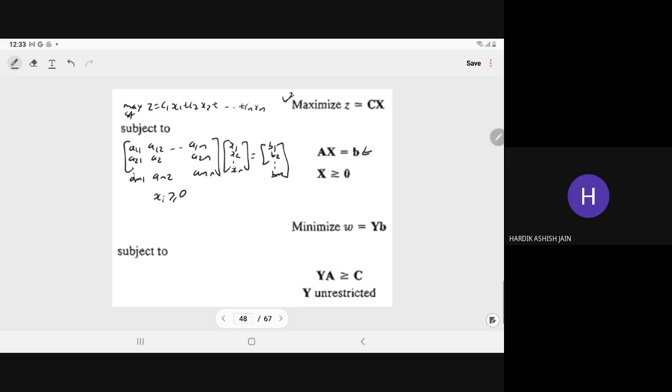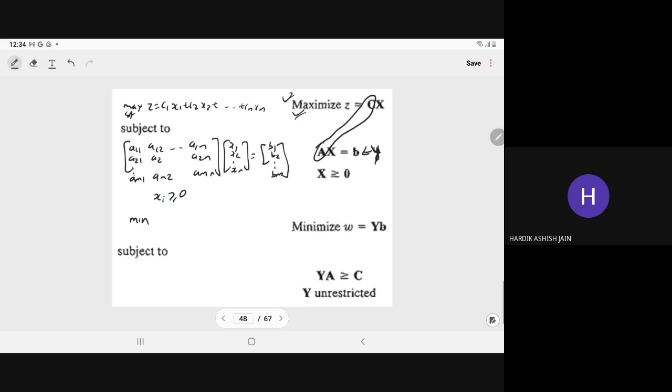If you associate a dual variable, capital Y, with this constraint, what will be the dual? Maximize becomes minimize. Now we write the constraint from this.